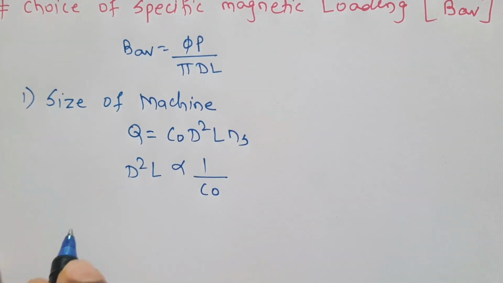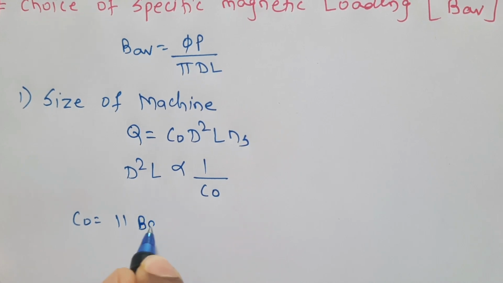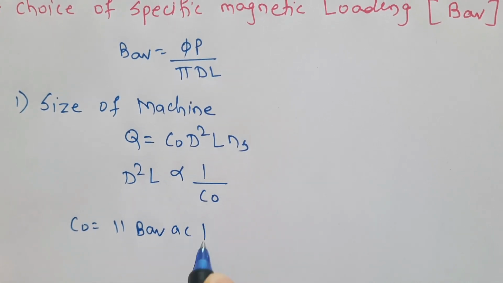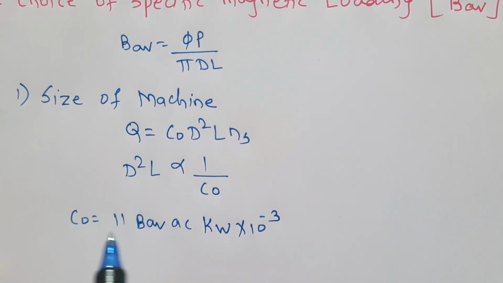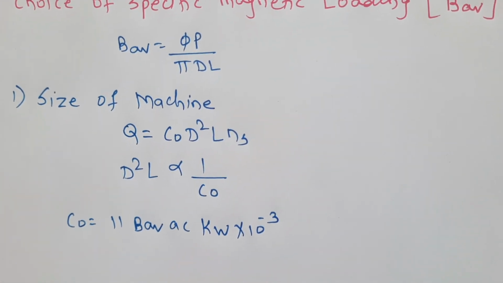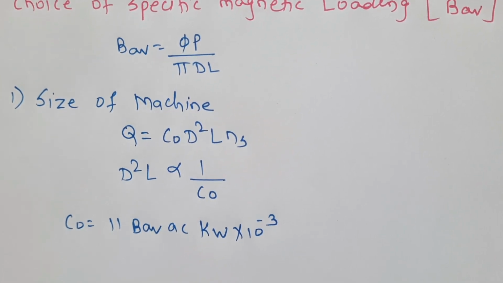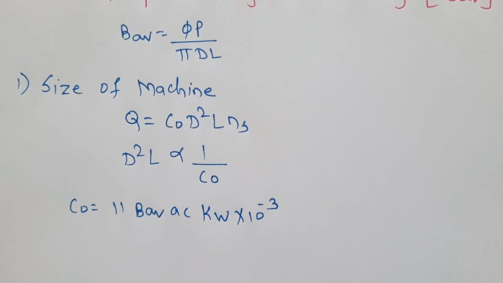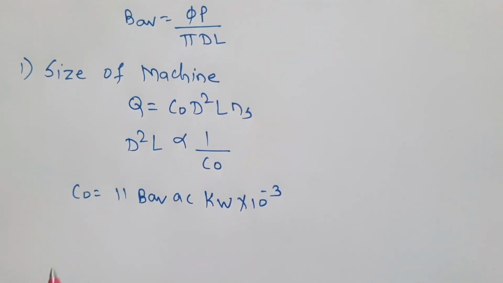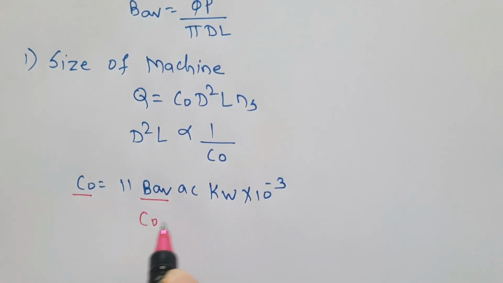But C0 is 11 BAV AC kW into 10 to the power minus 3, where BAV is specific magnetic loading, AC is specific electric loading, kW is winding factor.